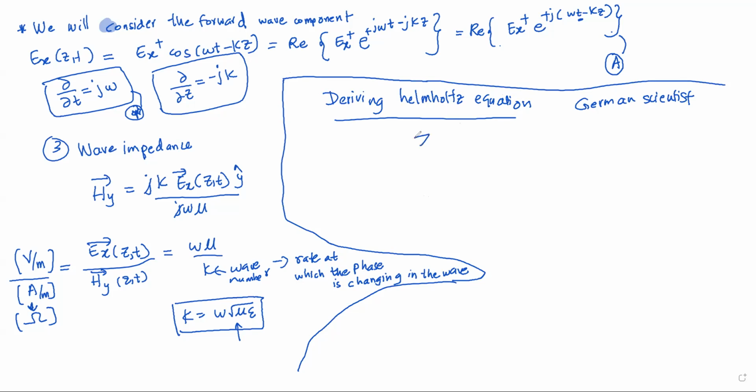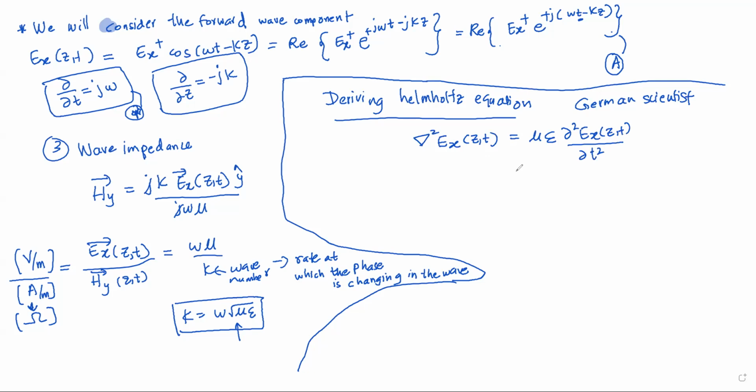The wave equation we use is this equation where we have the Laplacian of the electric field component Ex, which is equal to mu epsilon times the second derivative of the electric field with respect to time.